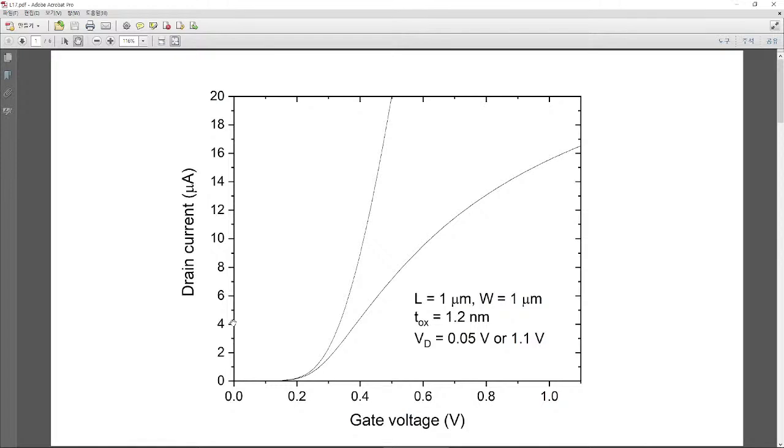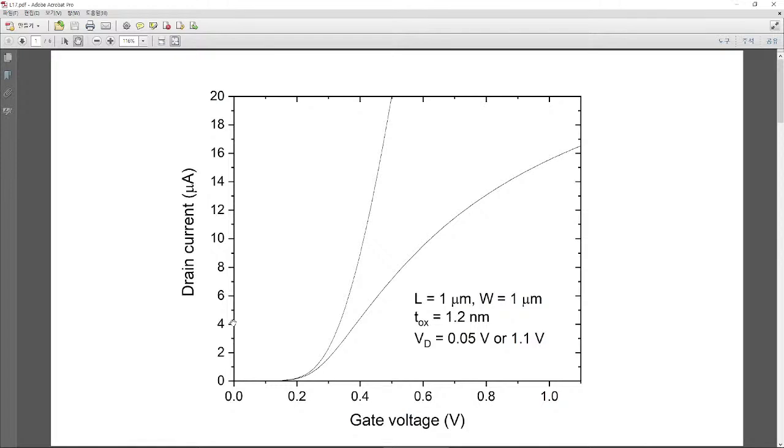So think about this. If we take the derivative of this curve, where will be the point of maximum derivative? Can you find it? If you have this smooth curve, please pick a point. In your mind, is this the point of largest derivative, or is it this?